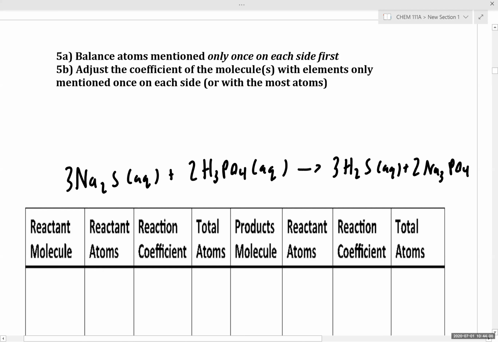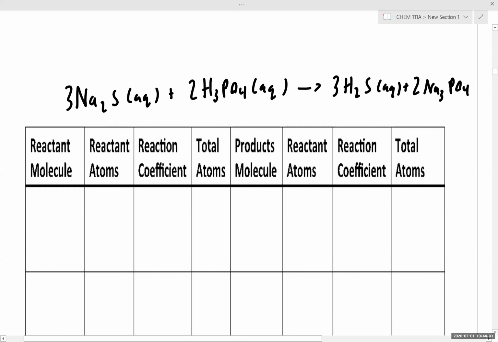So just as a check to make sure that this equation is in fact balanced.